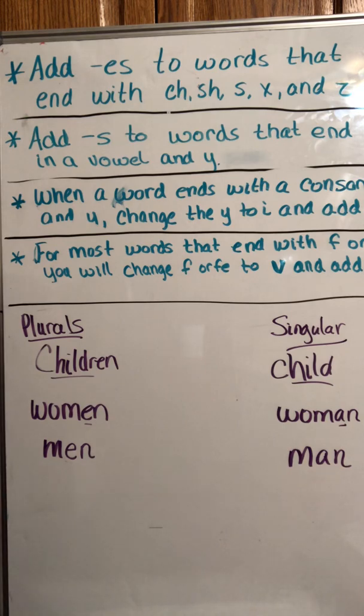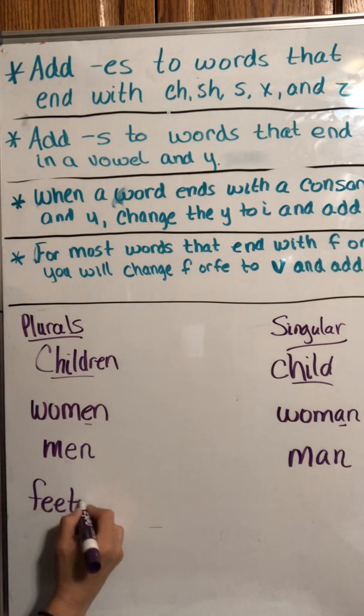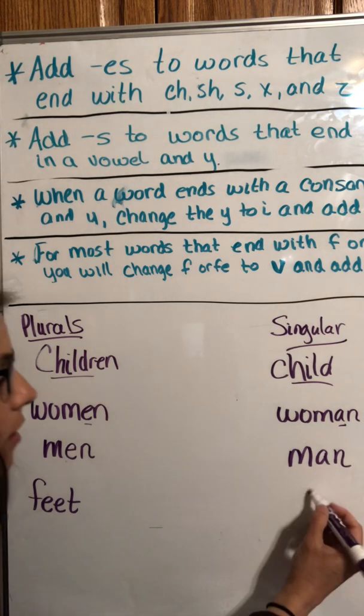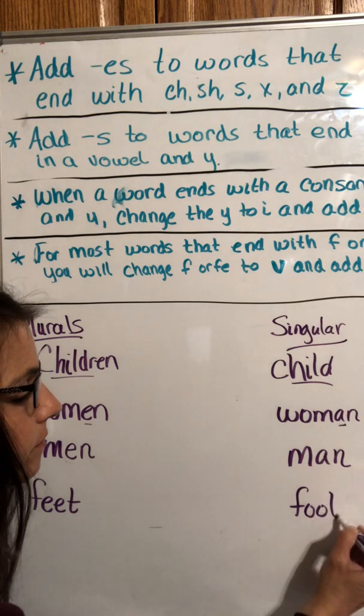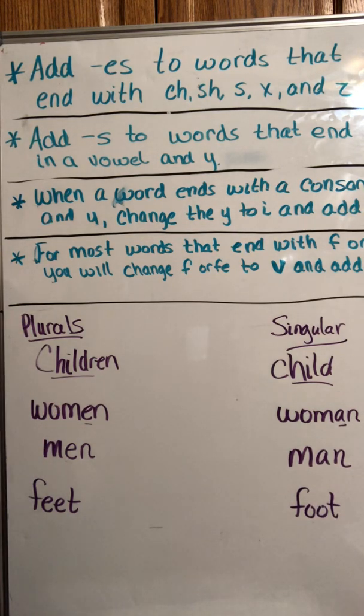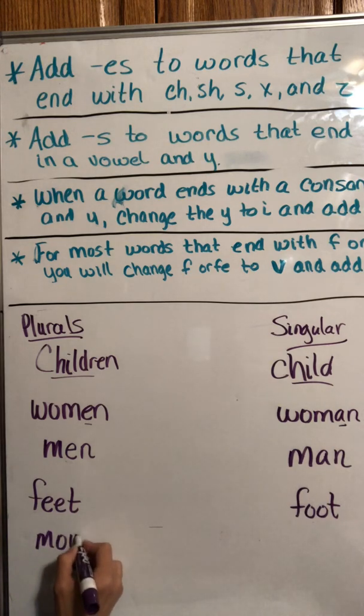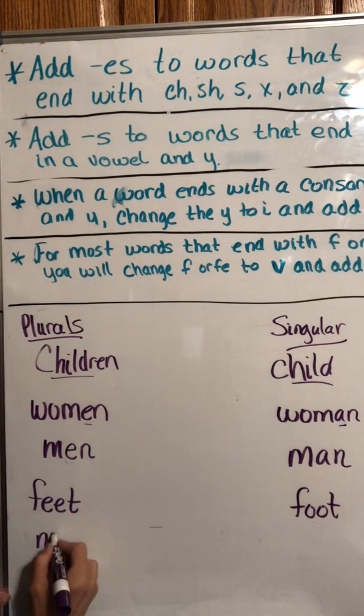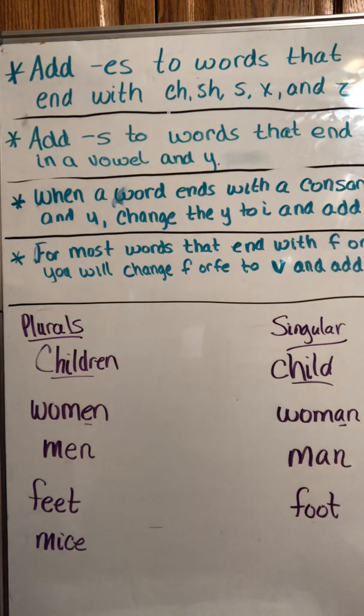There you go. All right, what about feet? I have 2 feet. Yeah, but what if I want to talk about just one of them? I would talk about my 1 foot. And if I saw, oh, Mrs. King just messed that one up and I lost my eraser. I saw lots of mice.